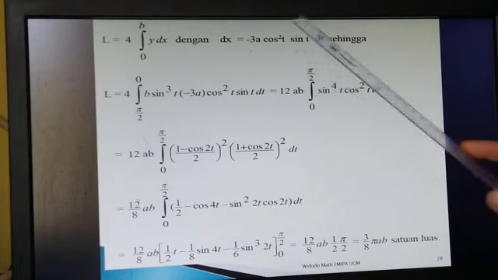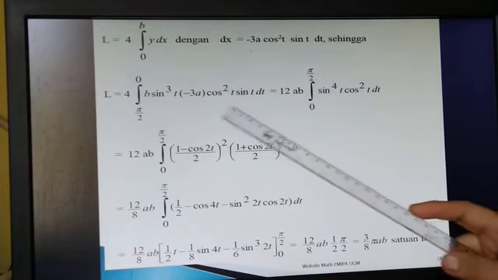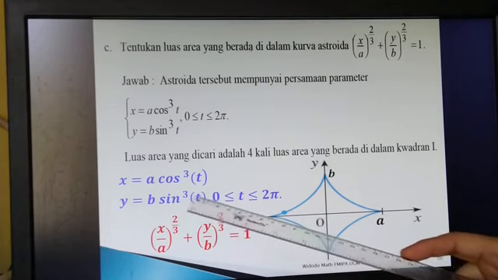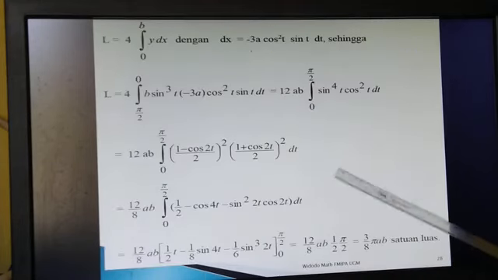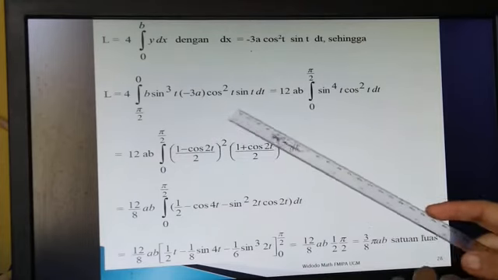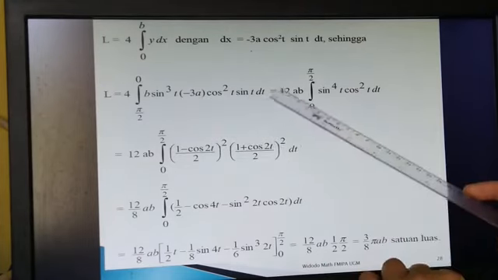Then we can replace the dx here, and y is equal to b sin^3 t. Then we substitute this, and altogether we can count here 3 times 4 equal to 12.